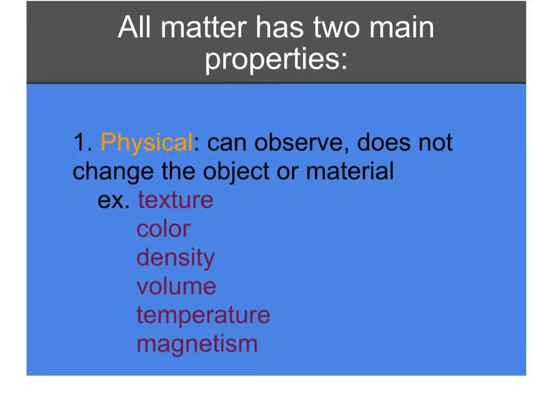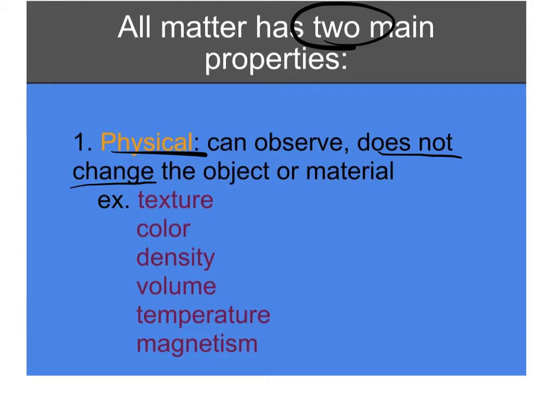All right, first up, all matter has two main properties. You've got physical properties. These are ones you can observe, you can easily see about the material or the substance that you're looking at. The key here is it does not change the object or material.